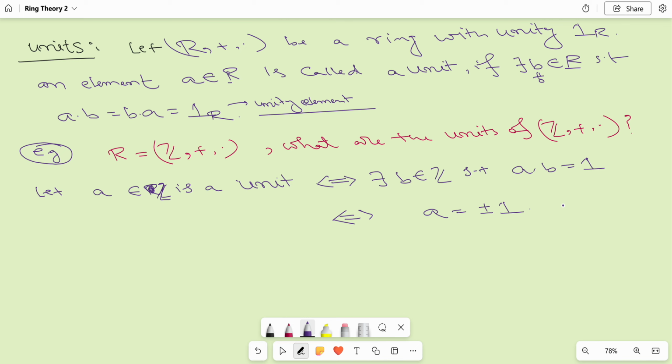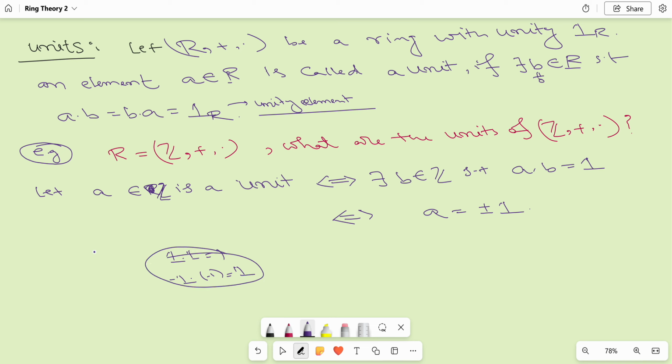If a is 1, take b to be 1, and you will get 1. If a is minus 1, take b to be minus 1, and you will get 1. So for these two choices you get a unit.